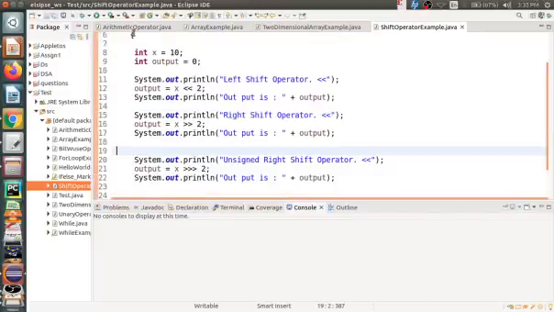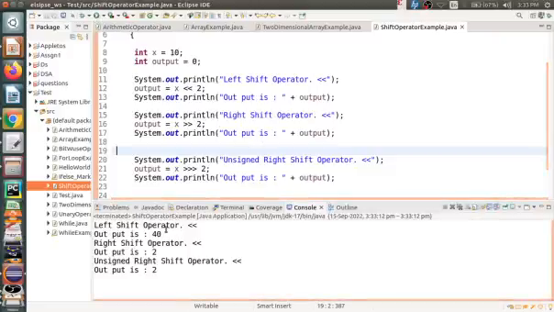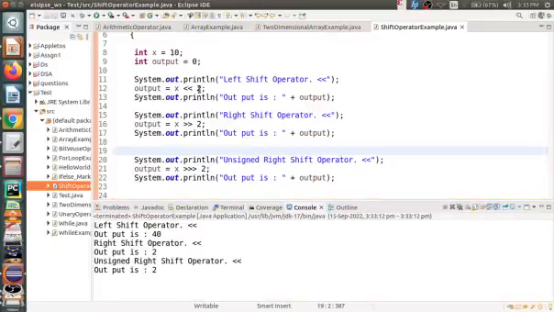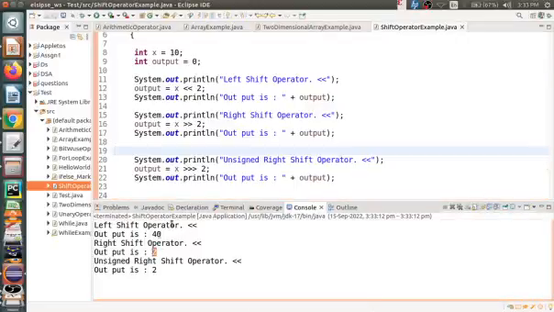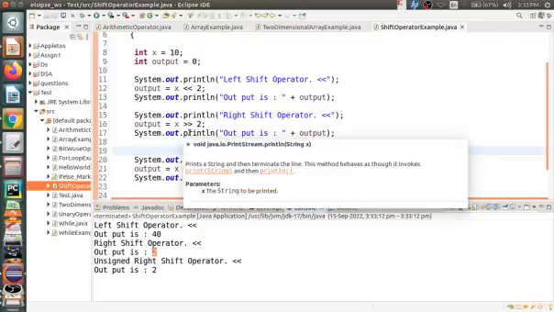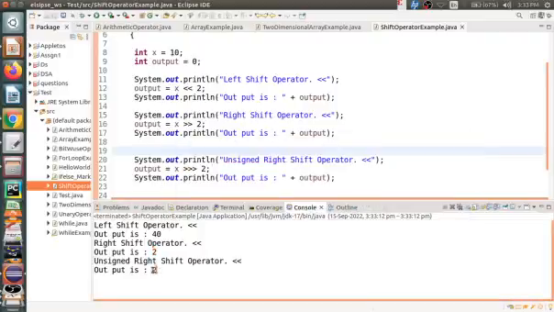Now let us check the output. The left shift operator multiplies 2 times, so 10 into 2 into 2, 4 times, that will be 40. And 10 divided by 4 will be 2. And the unsigned right shift also gives 2, since there is no negative value.